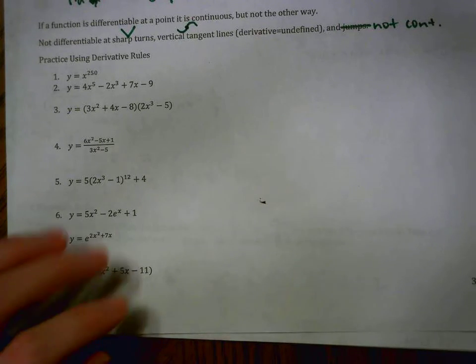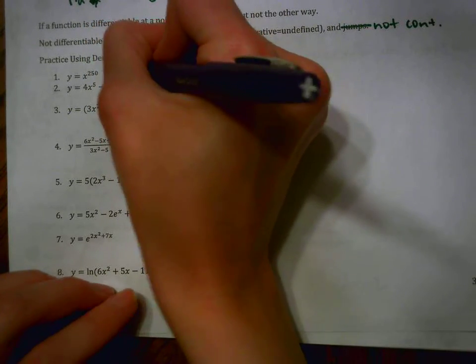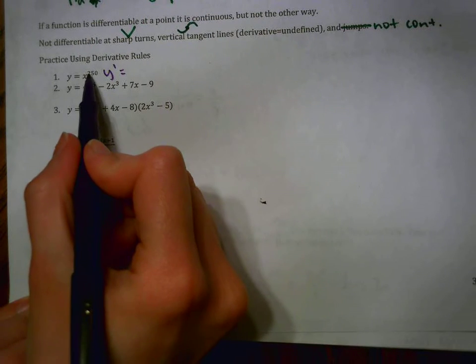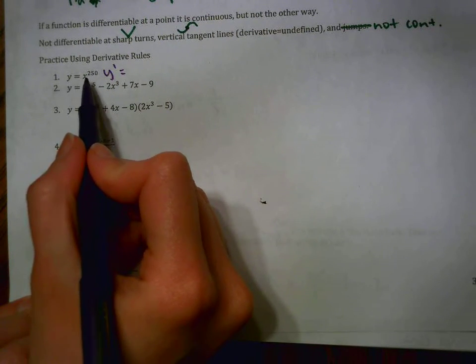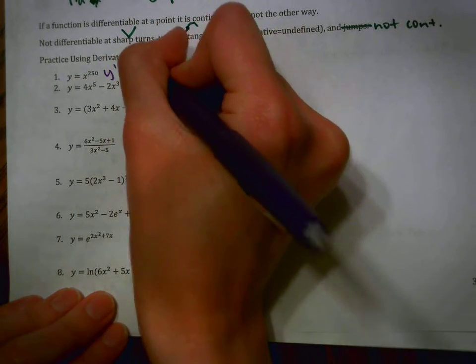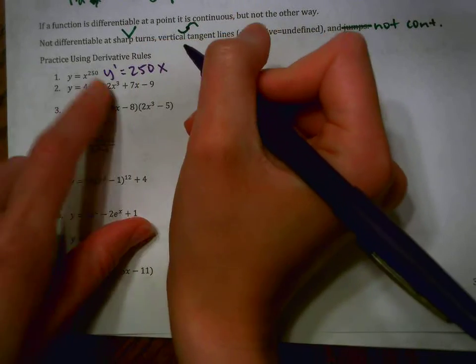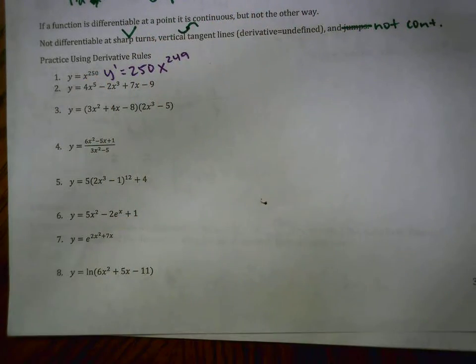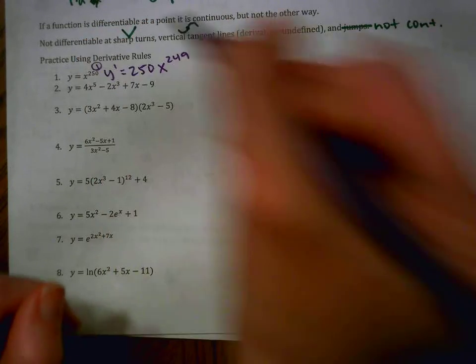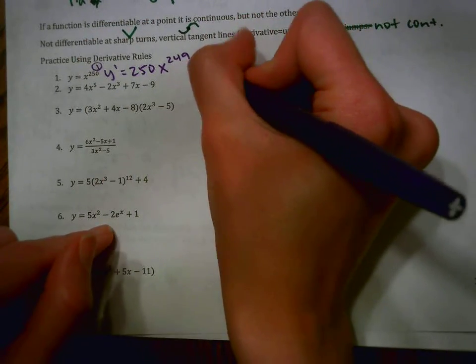So number 1, y prime. When you're taking a derivative, you bring your exponent to the front and multiply it by the coefficient. Because it's just a 1, that would be 250 times x, and then you subtract 1, so that becomes 249. I'm going to label these because it might get messy. I'm going to do them out of order.